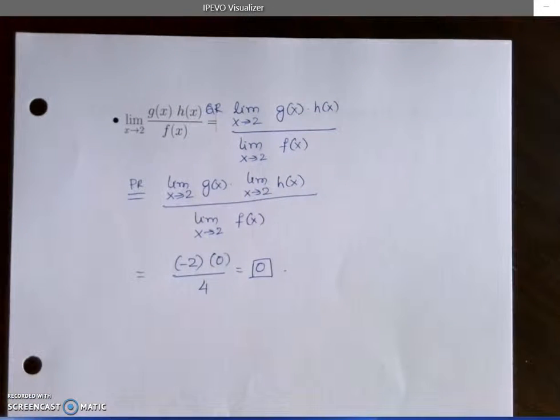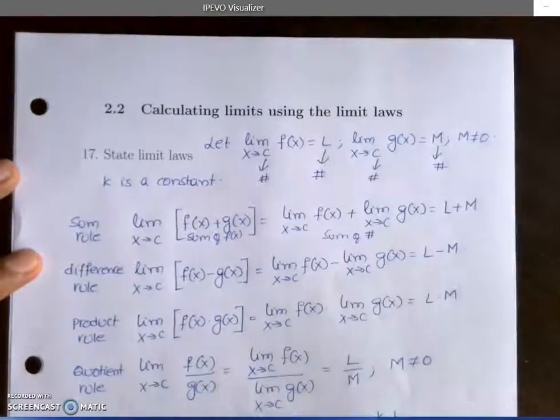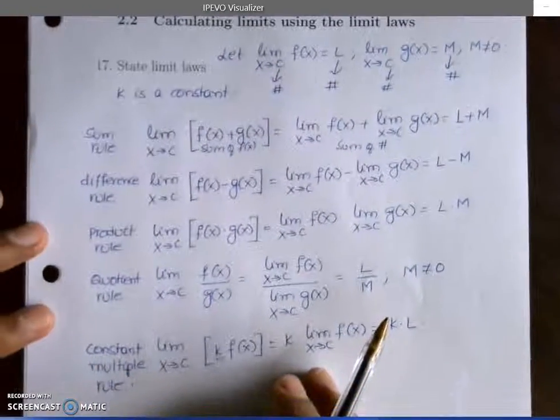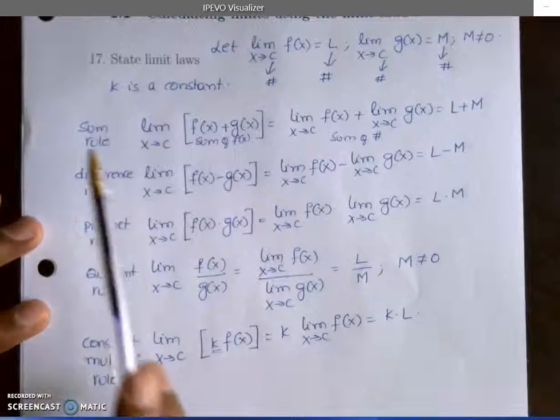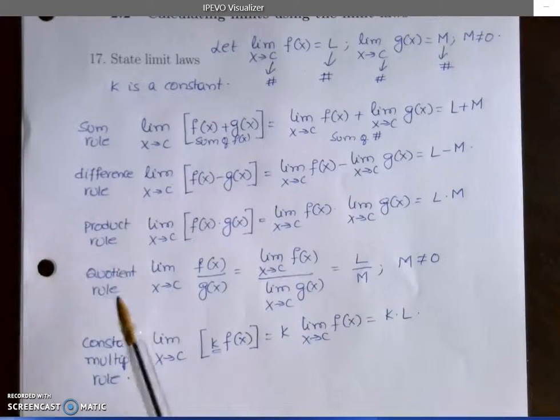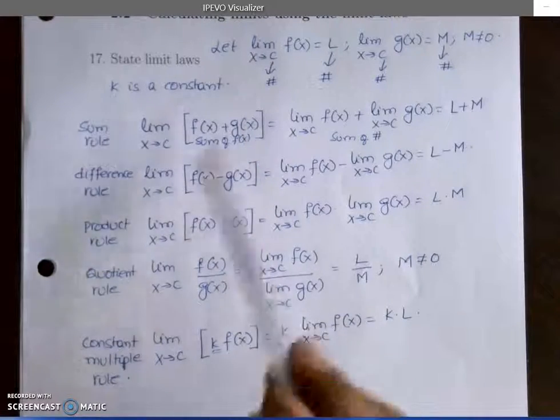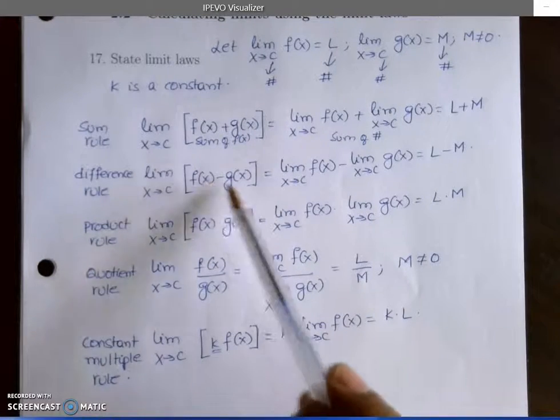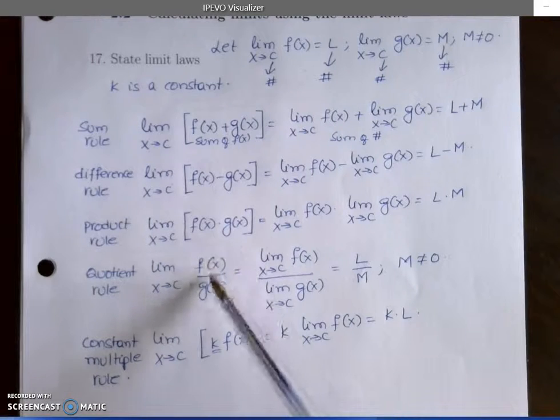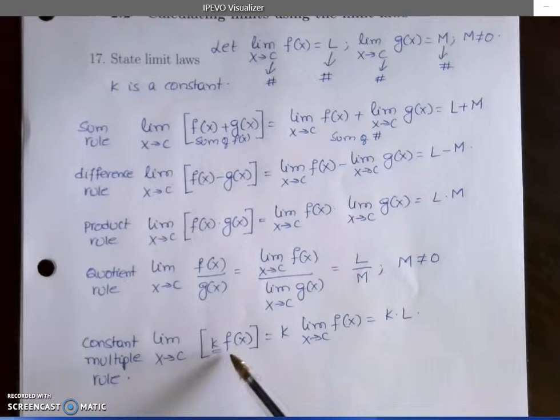So once again, in this video we went through the different laws of limits. Going back to the slide, among the limit laws there is a sum rule, difference rule, product rule, quotient rule, and constant multiple rule. On the left hand side we are adding functions, subtracting functions, multiplying functions, dividing functions, and taking constant multiples of functions.